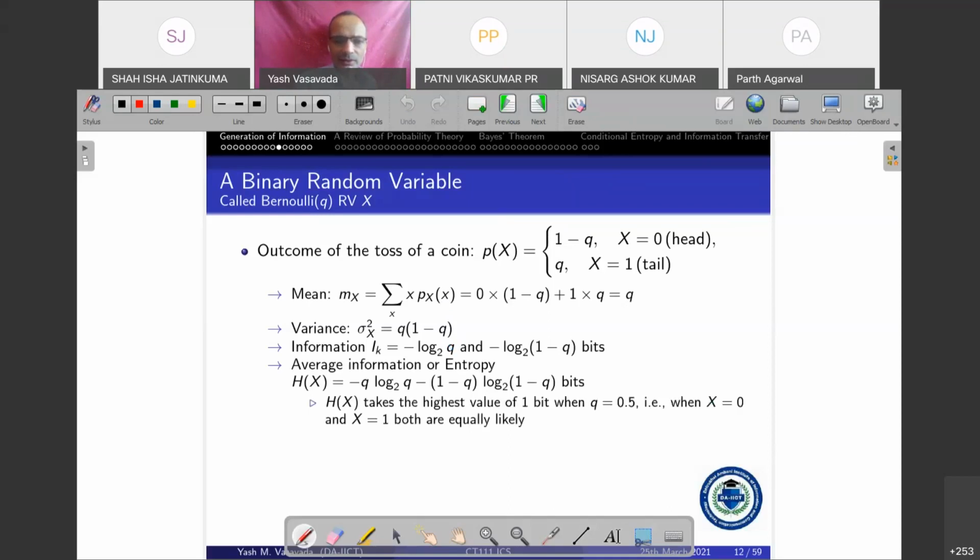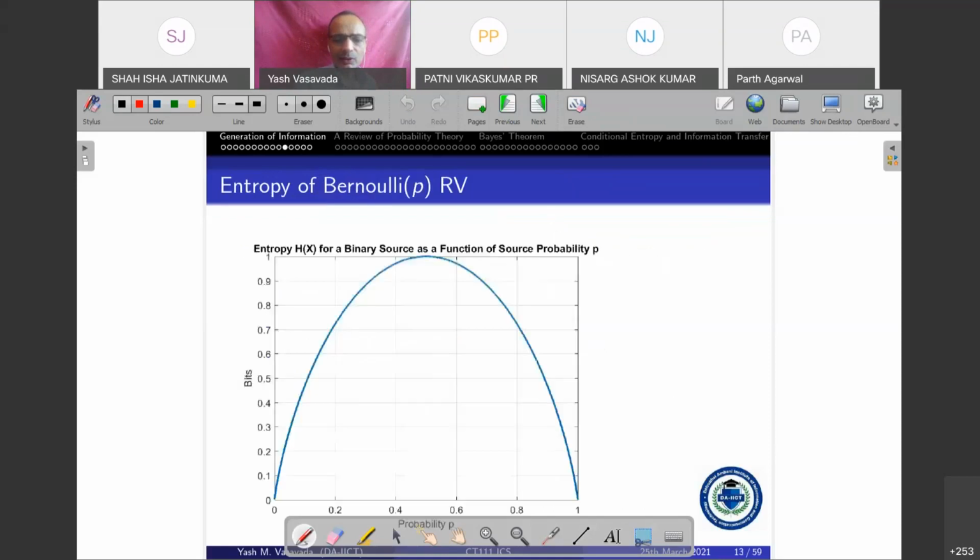And we saw last time that if I plot this entropy function for the binary variable, it takes a particular form which is shown here. Basically, the entropy, the average information generated by the source, becomes 0 in the deterministic cases.